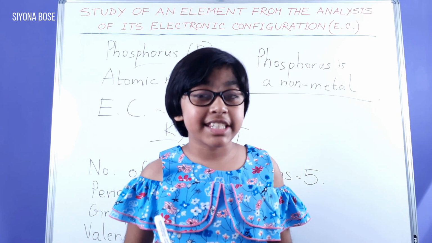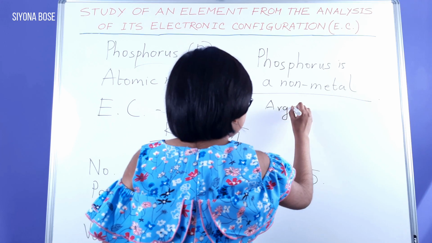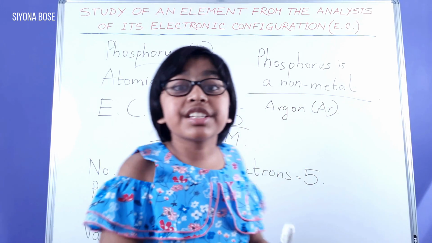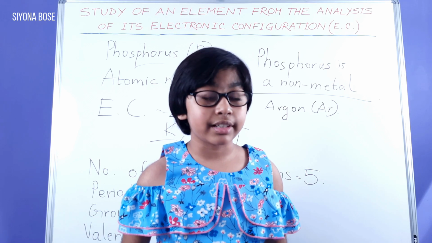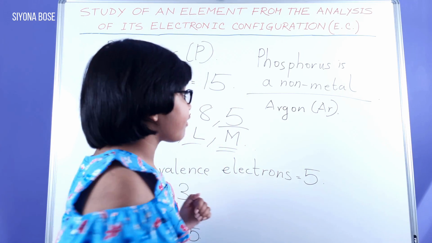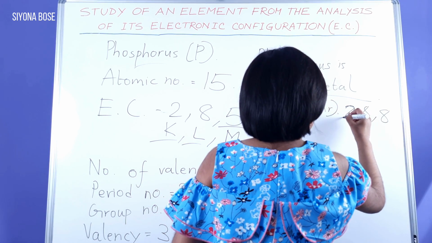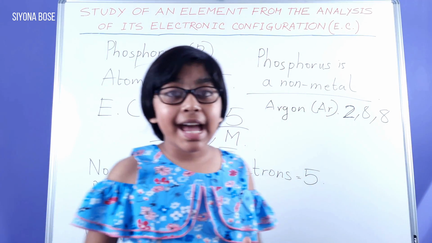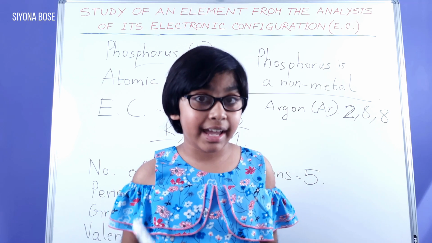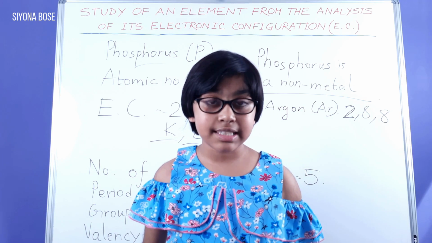Finally, our last thing to do, argon, Ar, is the nearest inert gas to phosphorus with a stable electronic configuration of 2,8,8. To attain the stable electronic configuration of 2,8,8, phosphorus has to gain 3 electrons.